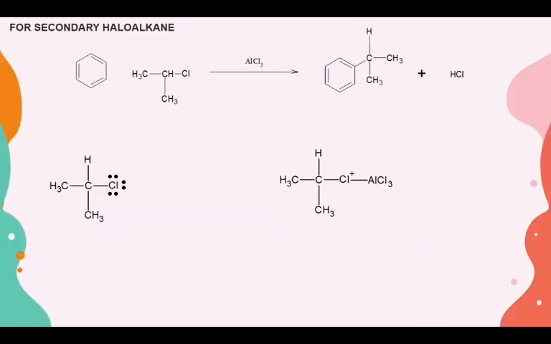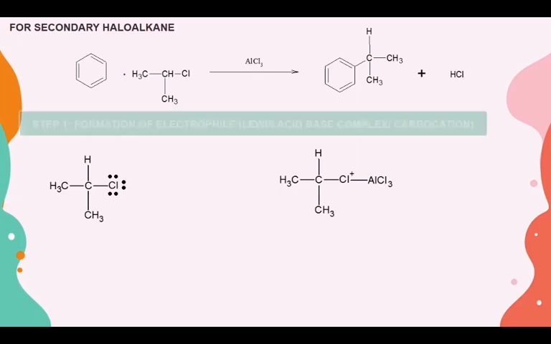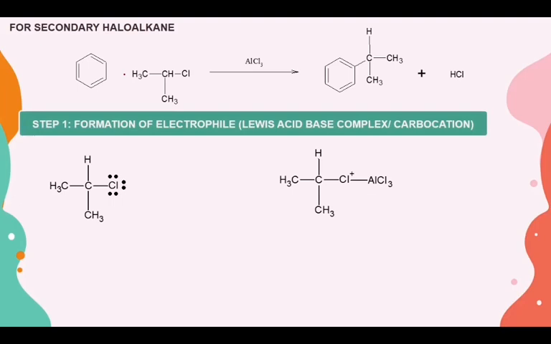Now look at the secondary haloalkane. This is an example of a secondary haloalkane reaction. We will start with step 1, formation of the electrophile. Our electrophile is the Lewis acid-base complex or carbocation ion. Involved in the first step here are the secondary haloalkane and the AlCl3, the Lewis acid.